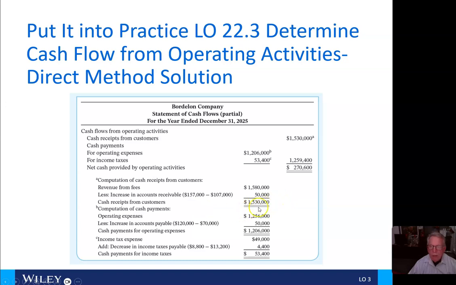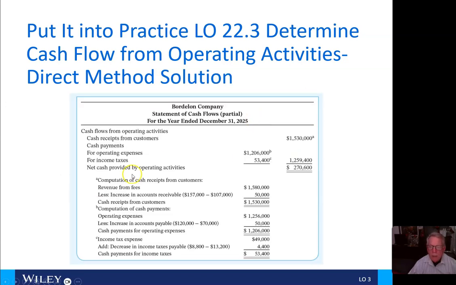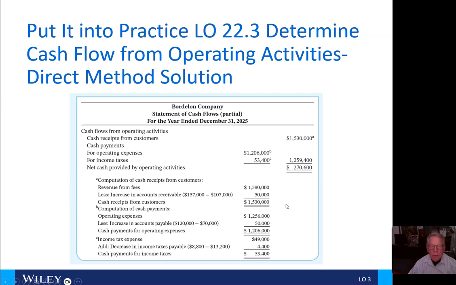Now that we have that, we're going to compute the cash payments. Our operating expenses were $1,256,000 here. And we're going to subtract the increase in accounts payable, which is here. That takes us down to cash payments for operating expenses of $1,206,000.